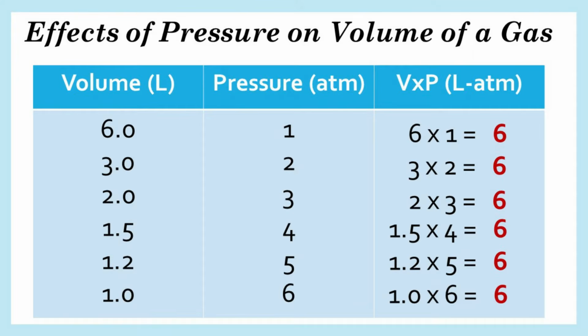Now, getting the product of volume and pressure, 6 times 1 is equal to 6, 3 times 2 is equal to 6, 2 times 3 is equal to 6, 1.5 times 4 is equal to 6, 1.2 times 5 is equal to 6, 1.0 times 6 is equal to 6. This therefore shows that the product of volume and pressure is constant.